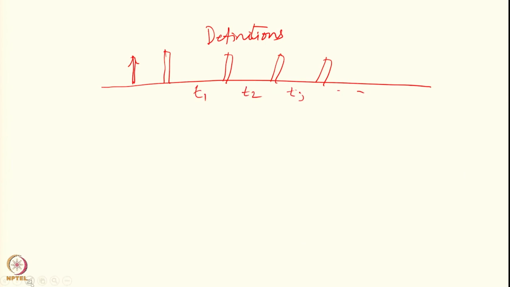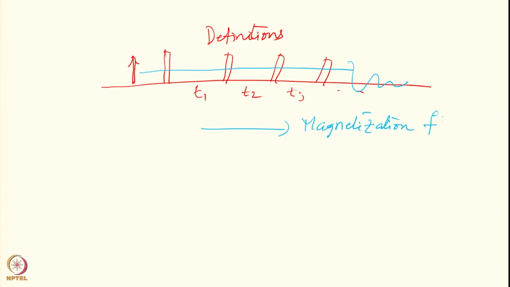The magnetization flows through this and ultimately we collect the data. This is called magnetization transfer, or magnetization flow. It goes from one state to another, from the T1 period to the T2 period to the T3 period and so on.